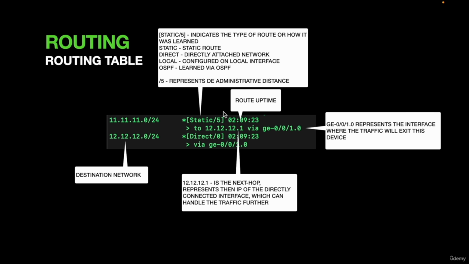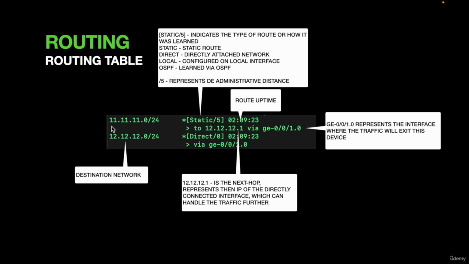Next, we have the route uptime, which shows us for how many hours, days, or years a route is active. We can also have the next hop, which represents the next IP that it should reach in order to reach this network.